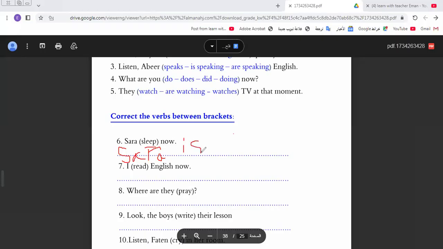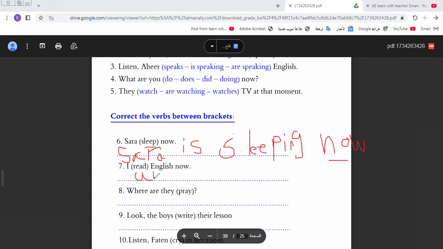Sarah is sleeping now because she is singular. Is sleeping now.